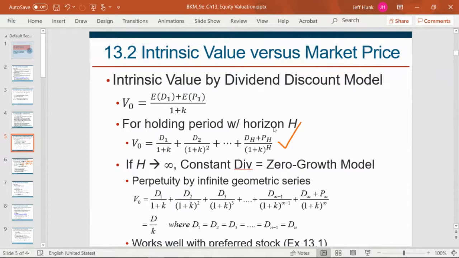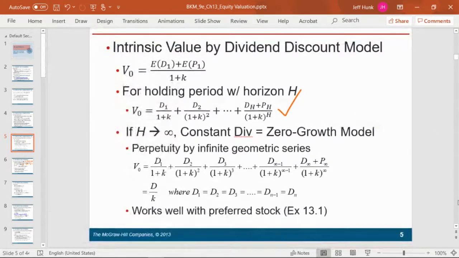Which is basically a discounting model, up to some finite time horizon or infinite time horizon, right?